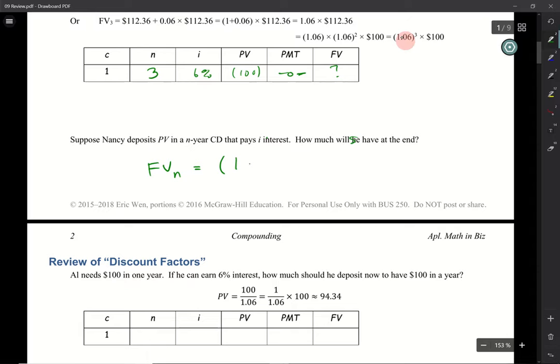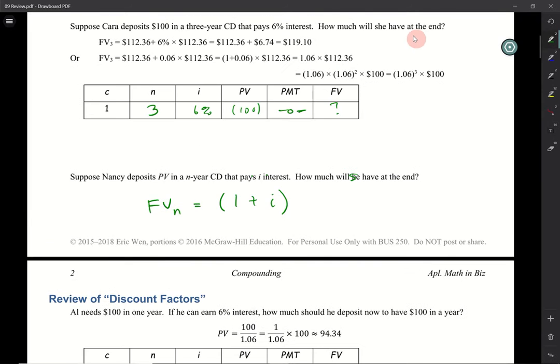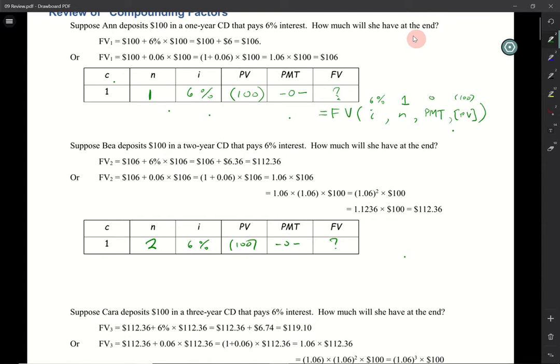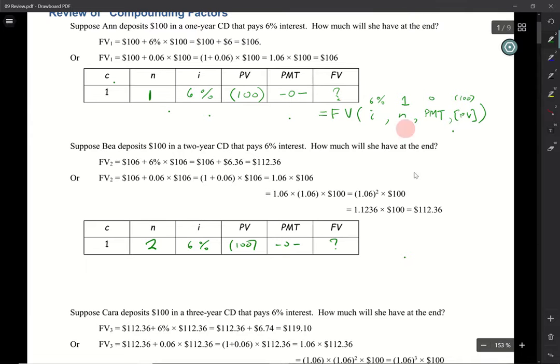So you have 1 plus the interest rate, right? And how many periods is it raised to? The exponent should be what? When it was 1 year, the exponent was 1. When it was 2 years, the exponent ended up being 2.